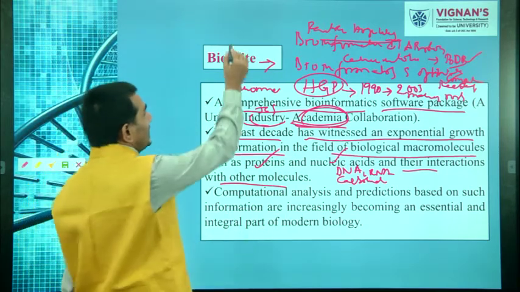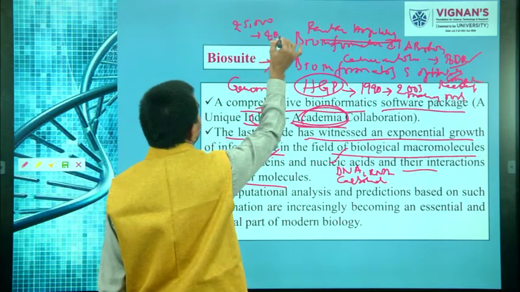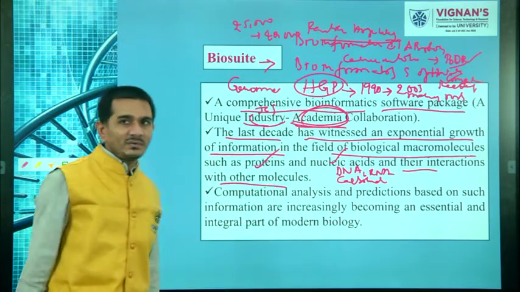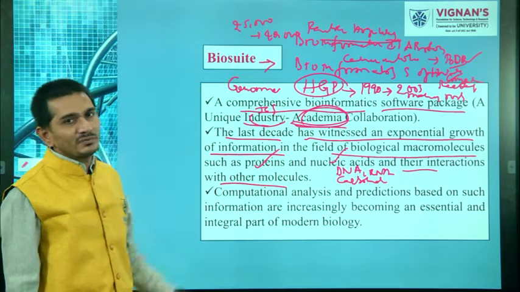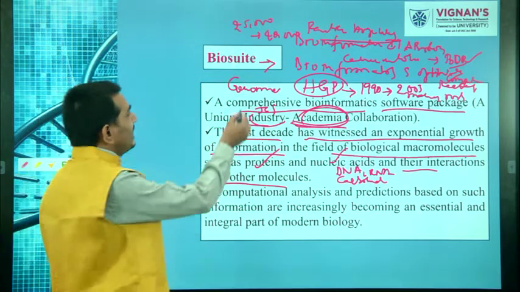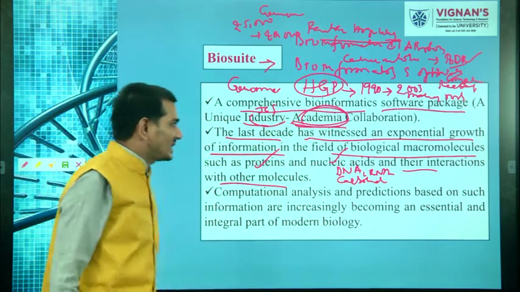Humans have roughly 25,000 to 40,000 genes. If you sequence these genes, that will give you the genome sequence.